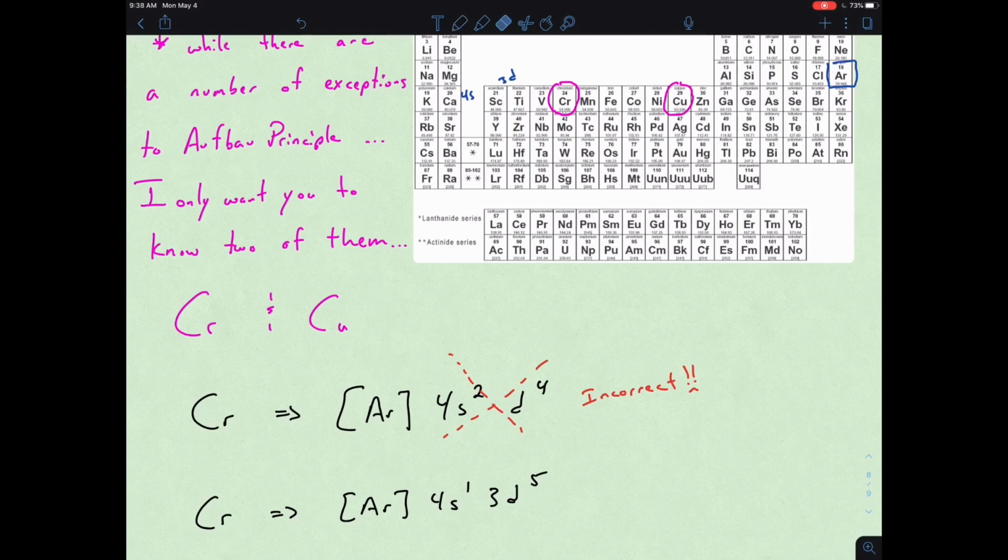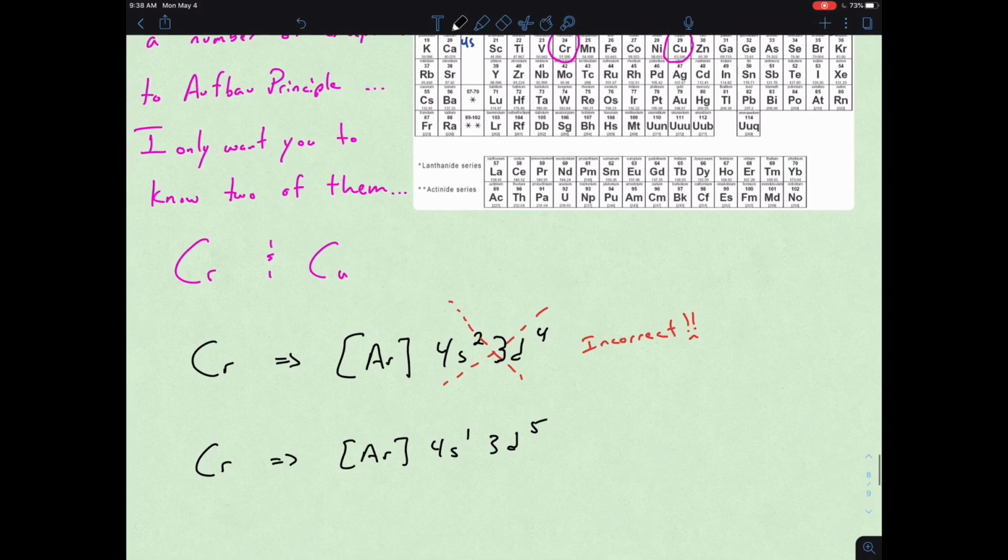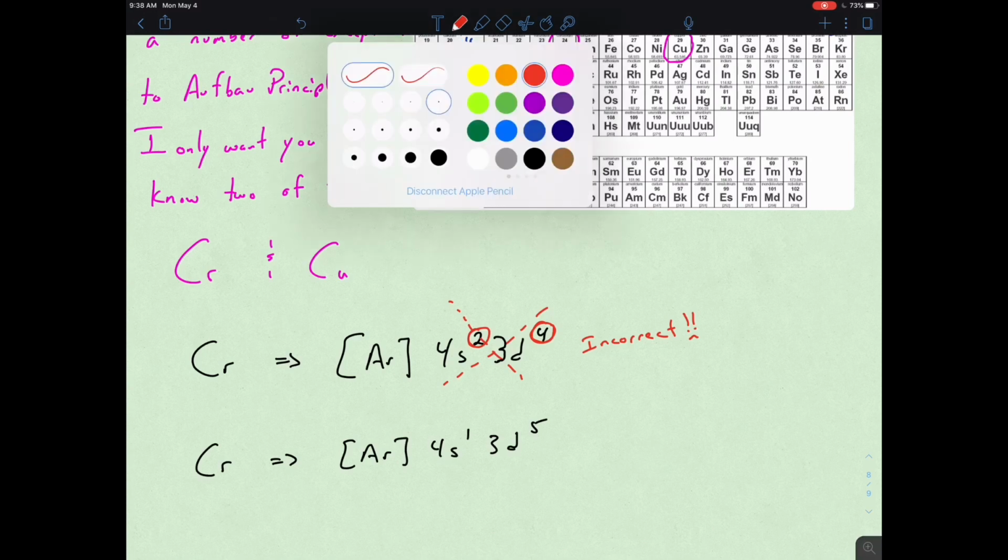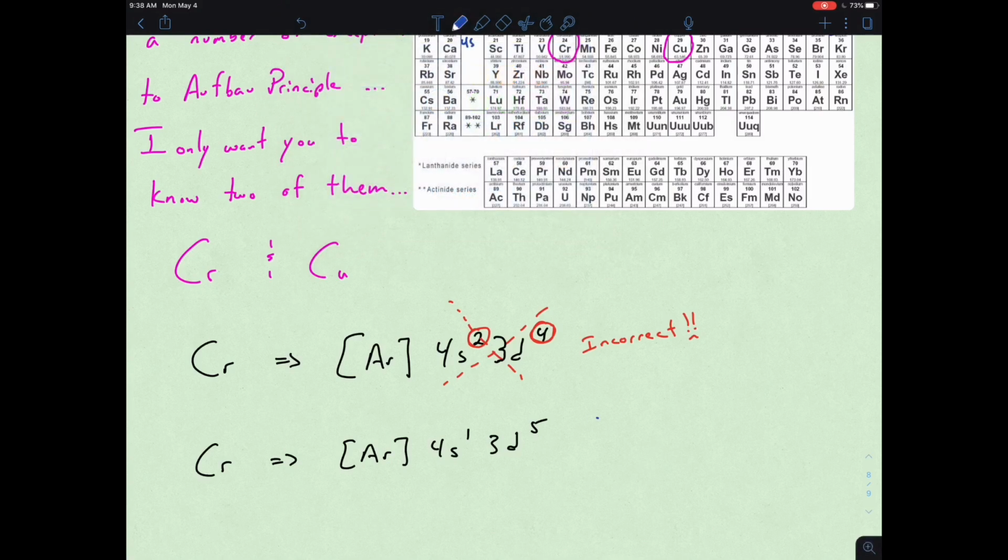That should be a 3 there. My bad. But still incorrect. And it's incorrect from this idea of the electrons that we have. There's something special about this particular 3d state. So there's our one exception.